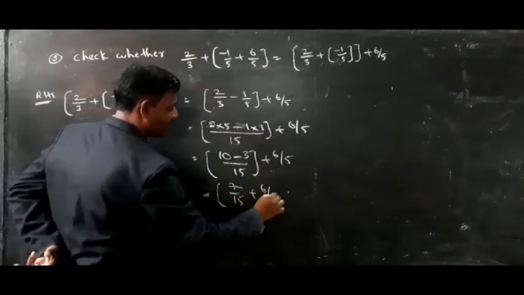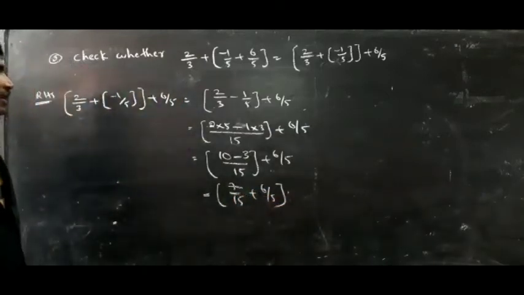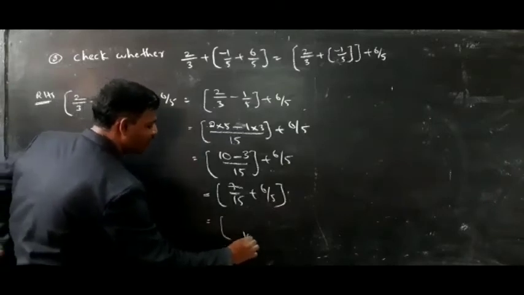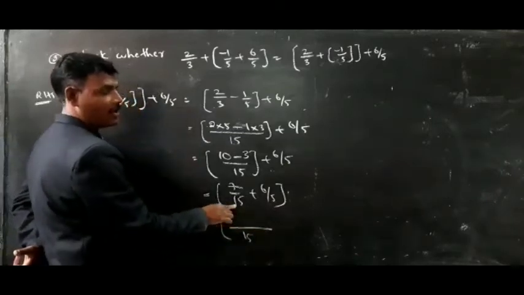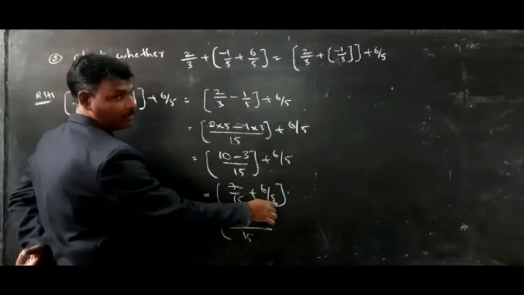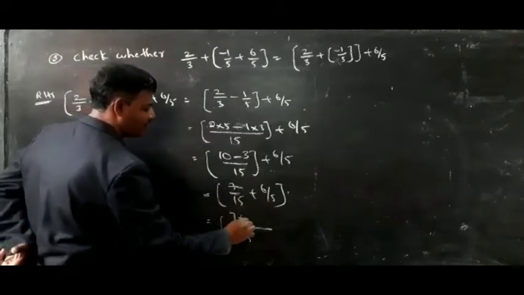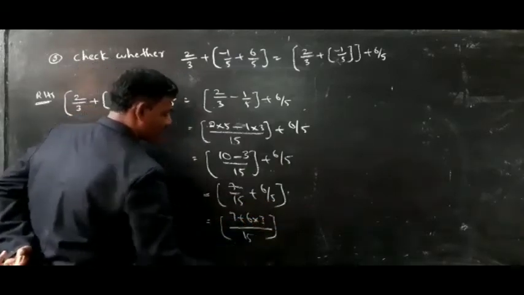Plus 6 by 5. Now take the LCM. What is the LCM here? 15. Why? Because 15 is going in 5 table, 5 3s are 15. So 7 plus 6 into 3.